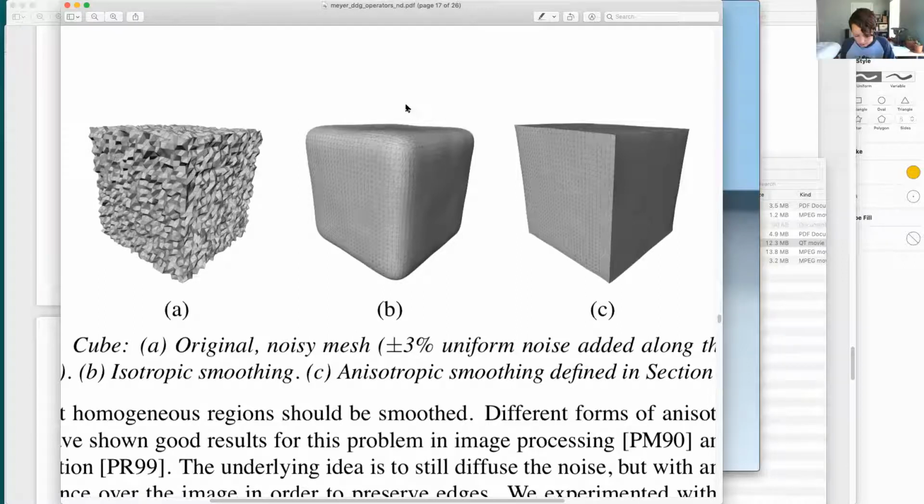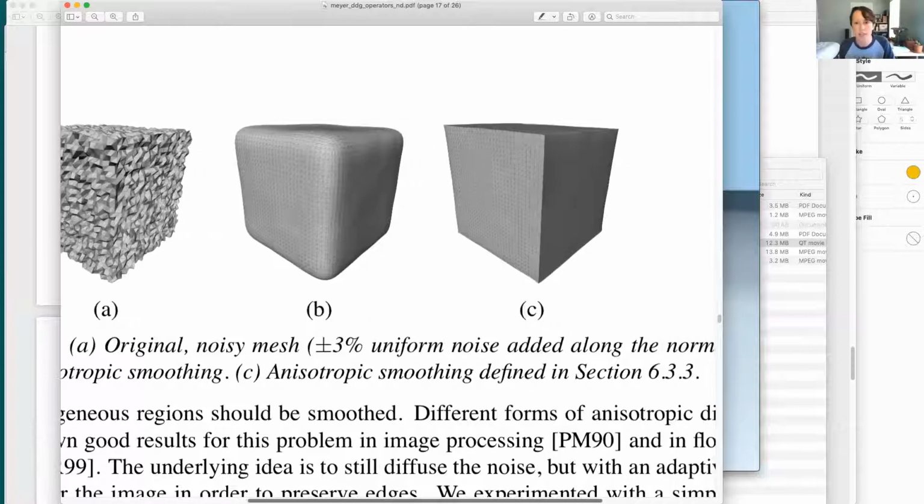And so by using what they call anisotropic smoothing, so smoothing that actually preserves these principal directions, you can preserve these sharp creases.